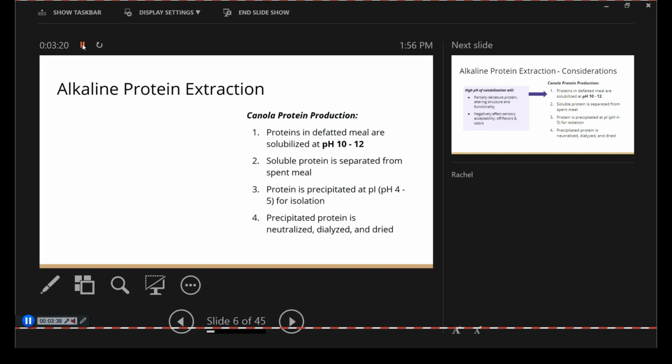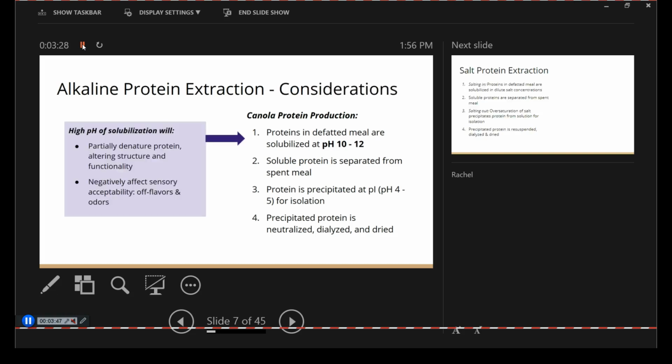And then both of them isolate the protein by dropping the pH of the solution to the protein's isoelectric precipitation point between 4 and 5. However, the high alkaline solubility will give some denaturation to the protein, which will affect structure and function for food applications. And additionally, it can give off flavors and odors for a bad sensory of the protein ingredient.